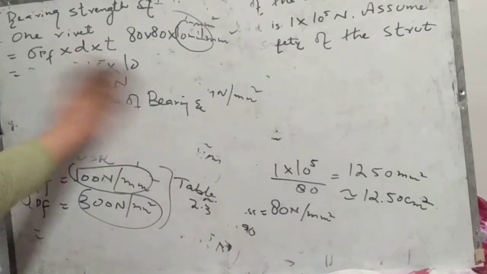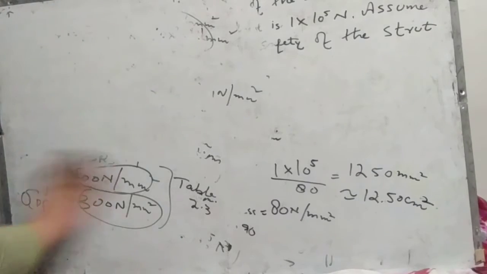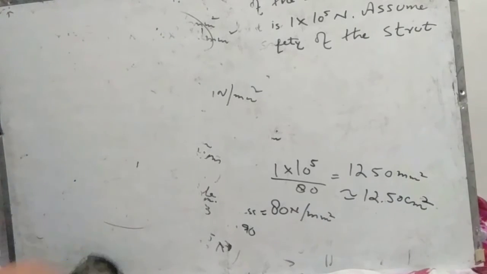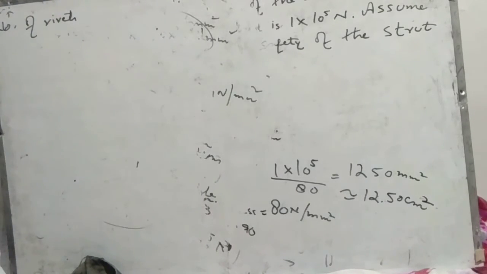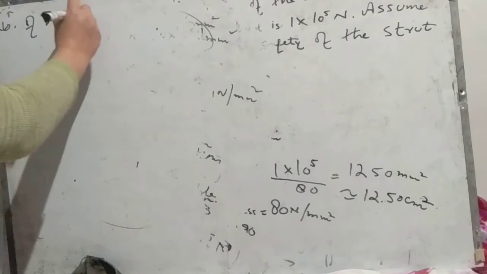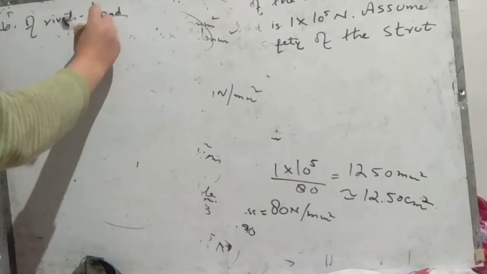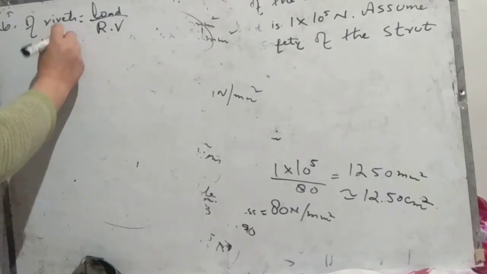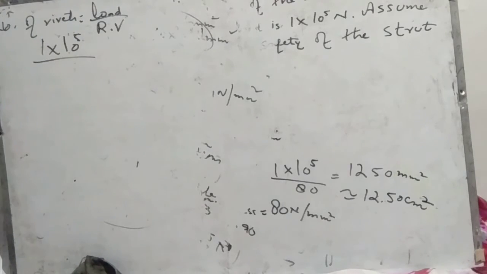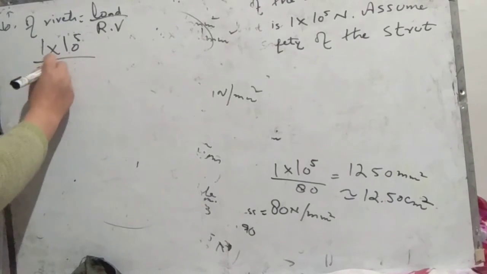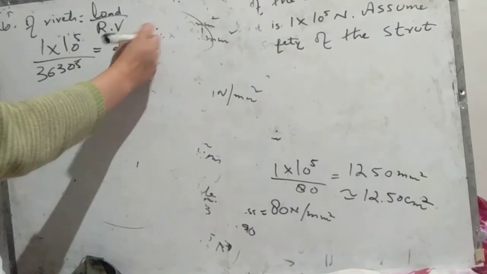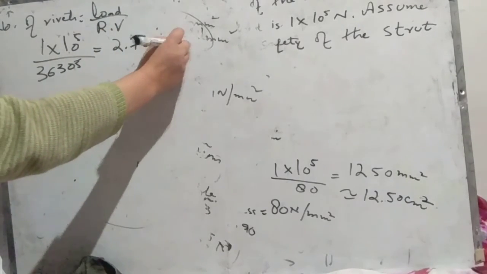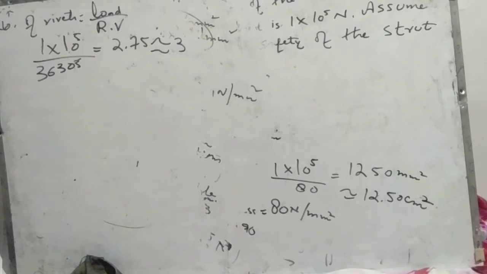Now after calculating rivet value, you have to determine number of rivets. To determine the number of rivets, you have the formula as load divided by rivet value. Load is 1 into 10 raised power 5 divided by rivet value 36305. It will come out as 2.75. You will take it approximately as 3. Right?